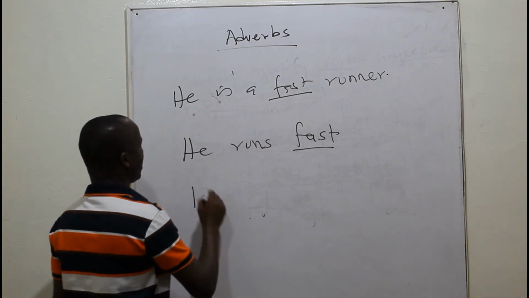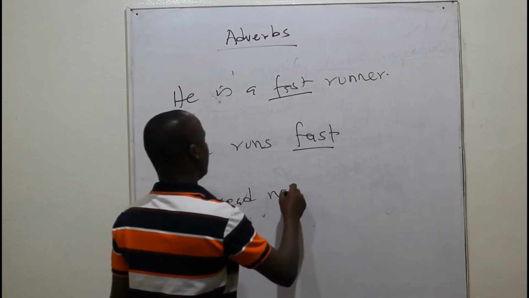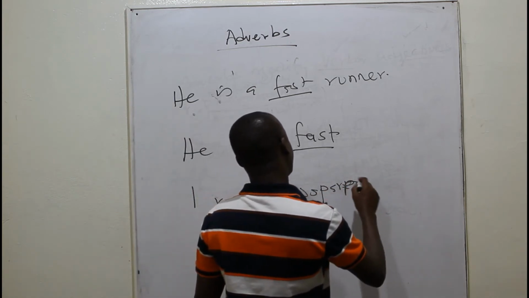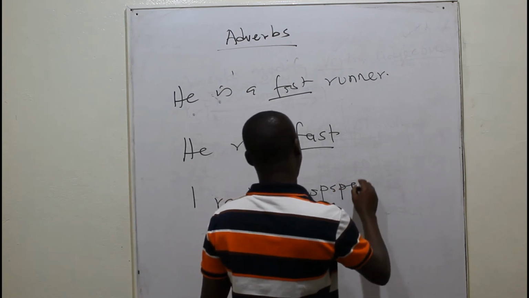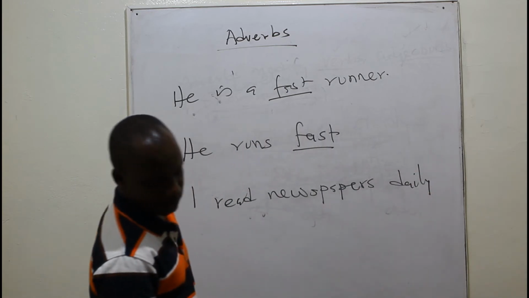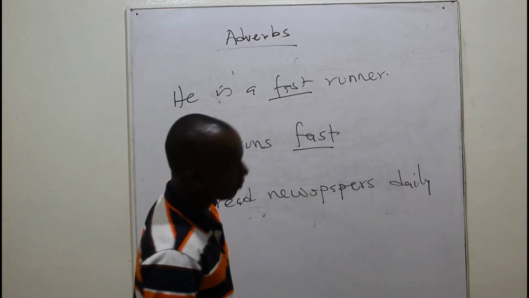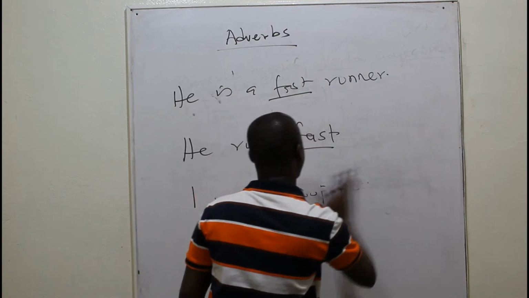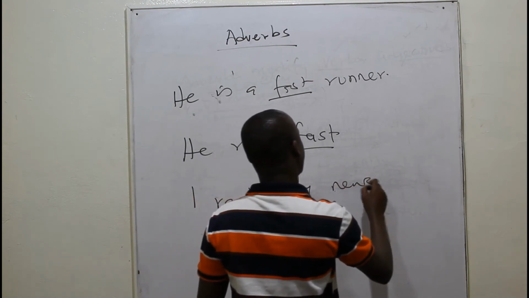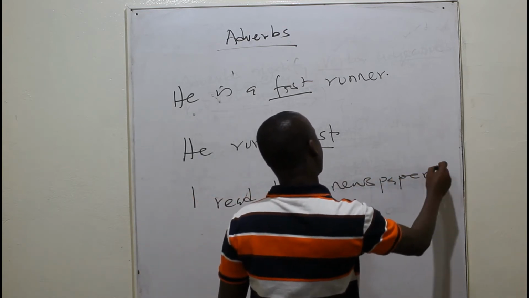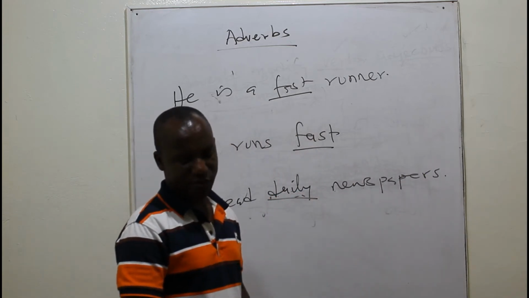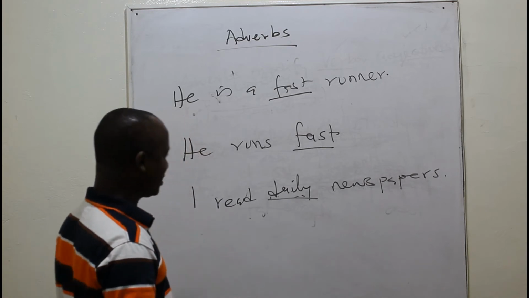So let us always identify how the word is used before we can say. Another example: I read newspapers daily. And I read daily newspapers. Daily here is modifying newspapers, so it becomes an adjective.